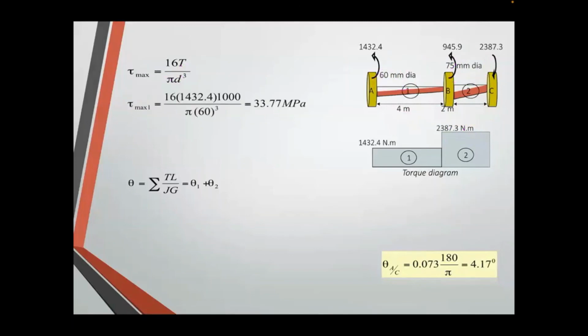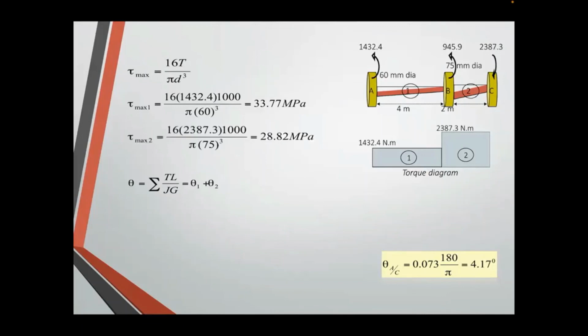So, first, for your segment AB, we have 16 times 1432.4 times 1,000 divided by pi 60 cubed. Sorry. So, we have 33.77 megapascal. Now, this is the shear from A to B. Ito yung shear niya. So, remember lang, yung 1432.4, kinonvert natin into Newton mm. Next naman is the shear maximum for BC. Tingnan natin.